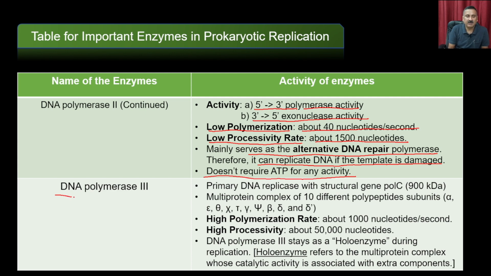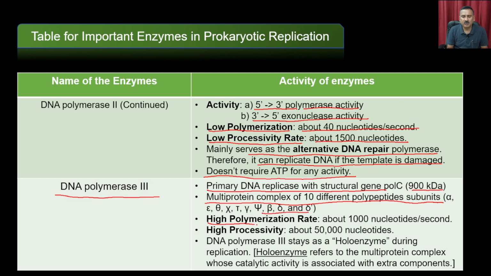Then you also have the DNA Pol 3. DNA Pol 3 is a primary DNA replicase with the structural gene Pol C, and it is 900 kilodalton. It is a multimeric protein complex of 10 different polypeptides such as alpha, epsilon, theta, zeta, tau, gamma, sigma, and so on, right.